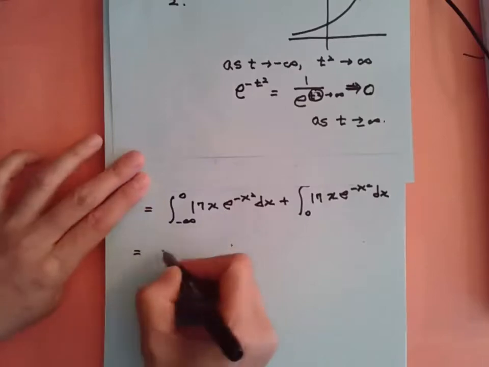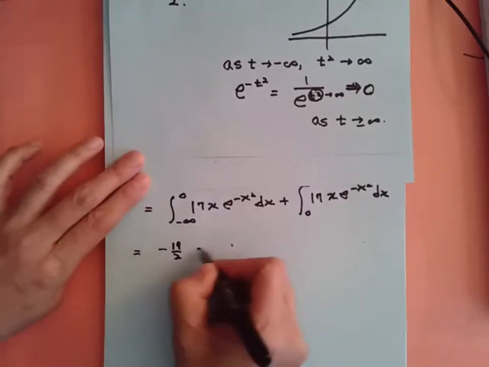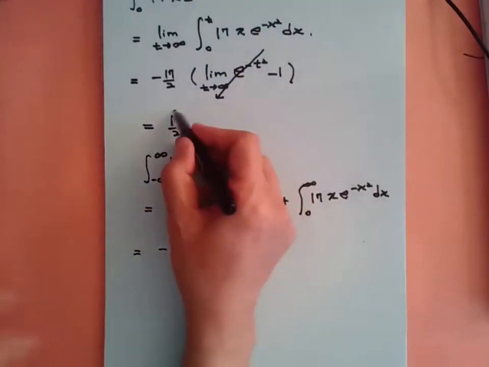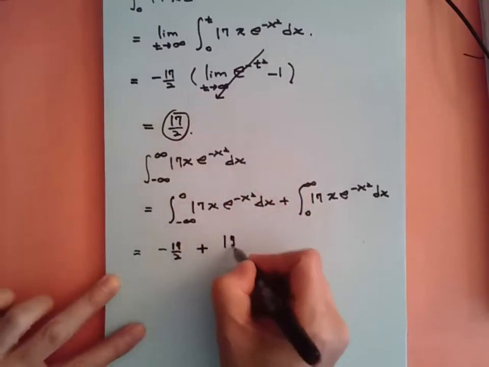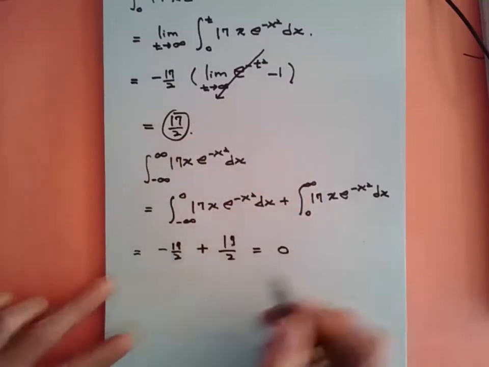So the first one is negative 17/2 plus the next one, 17/2, equals 0.